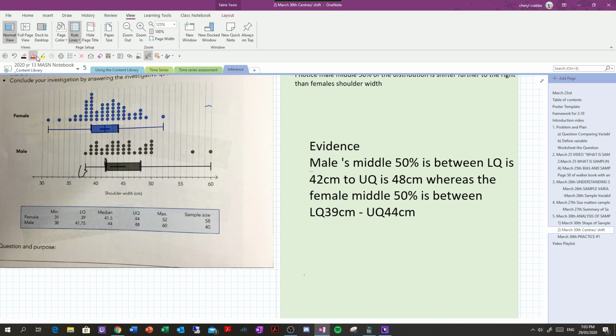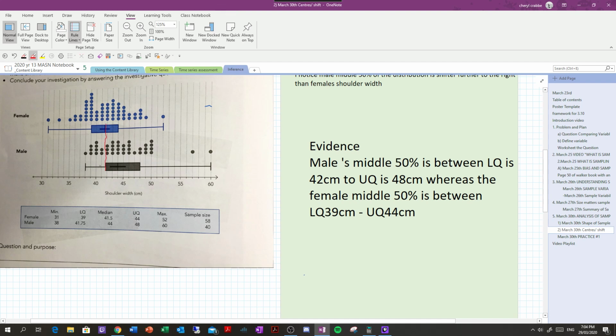Now the other thing that we can do, which is quite nice to be able to do, and this is important for overlap, is kind of look at percentages. Like if you look at the percentage of the male box, so basically this lower quartile, which is about here, it's not a perfect thing.